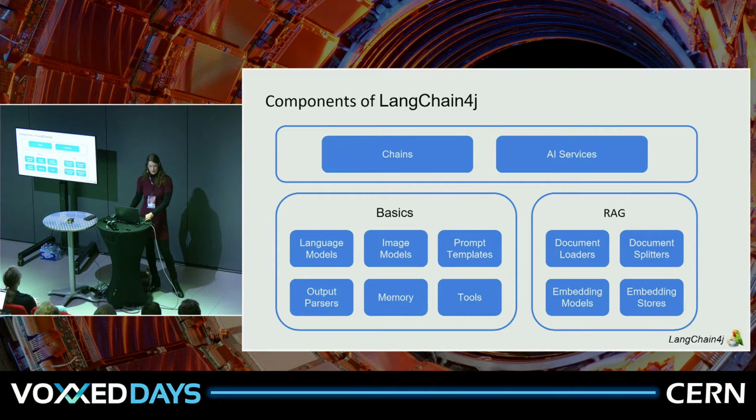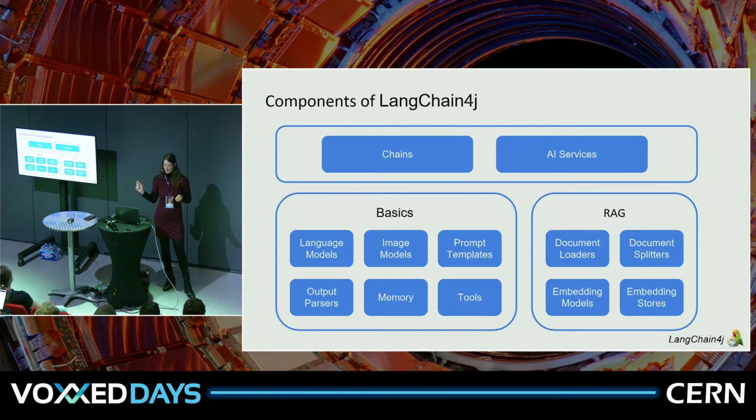Okay, LangChain4j, here are our base components. So down there we have the basics, language models, and now also image models. Prompt templates for easier interaction, so you don't have to write a whole prompt around it all the time, but you can just put variables in there. Parsers of the outputs.